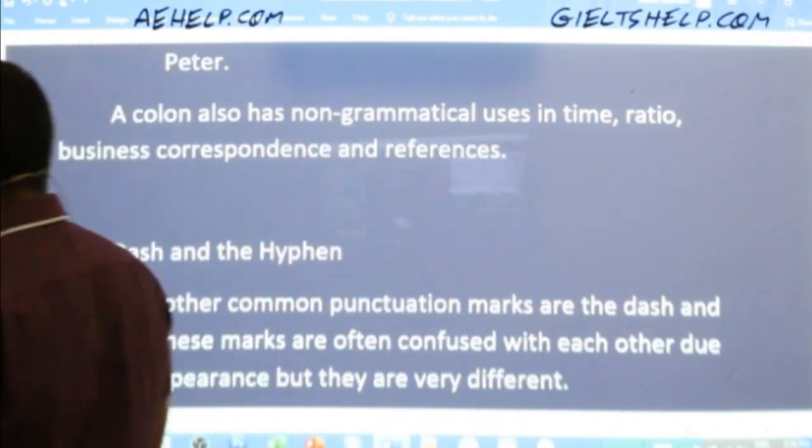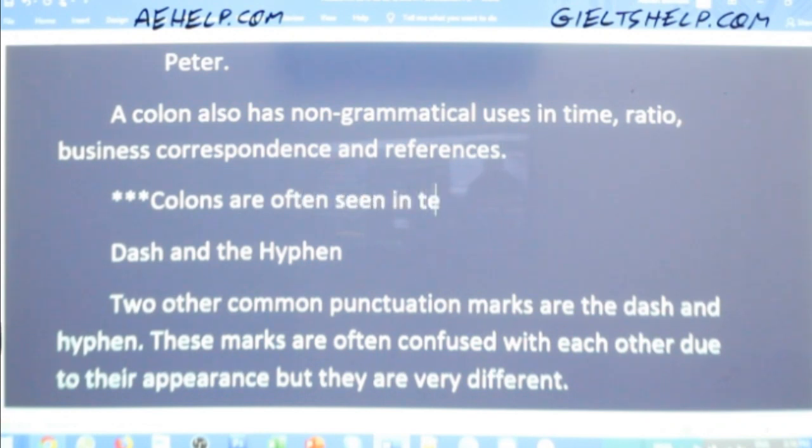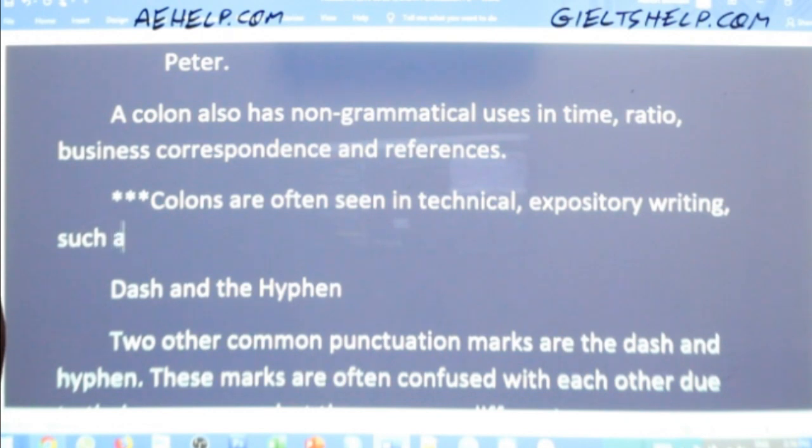So I'll explain that real quick here. Colons are often seen in technical expository writing, such as explaining graphs and business communication.